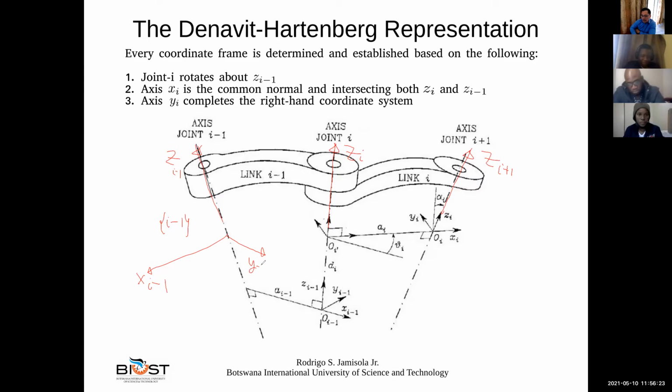We are not sure how it is oriented, but we are assuming that this is already defined. Now we need to define where Xi and Zi and Yi are. That's the question of the Denavit-Hartenberg representation. Frame i-1 is already defined. Now we need to define how frame i is oriented, and where its origin is.